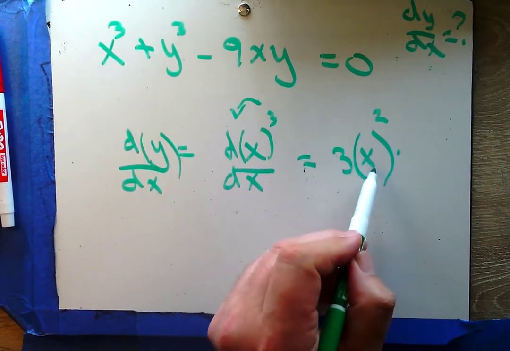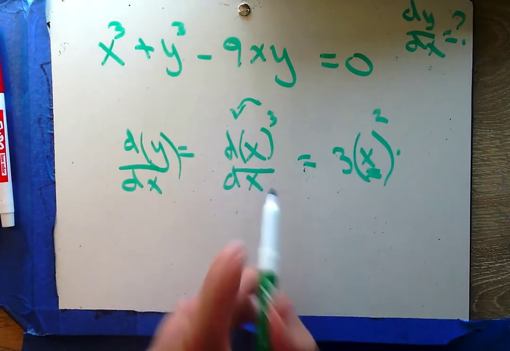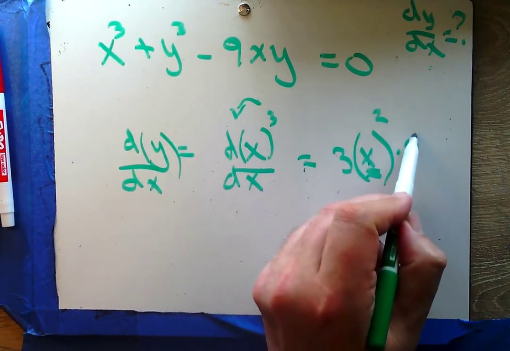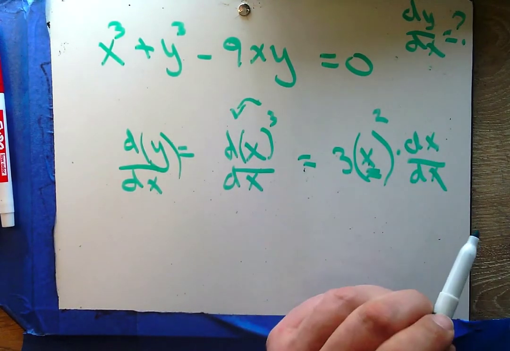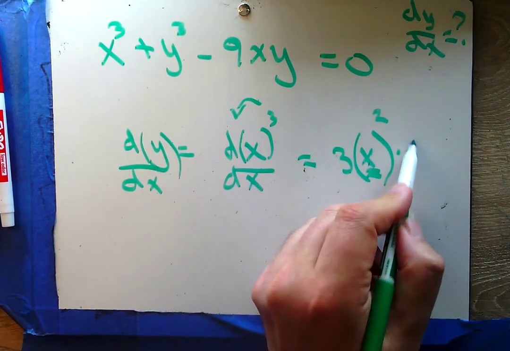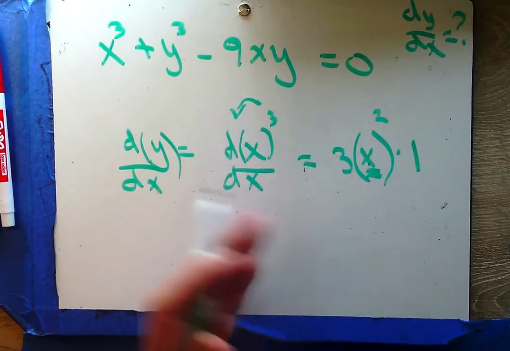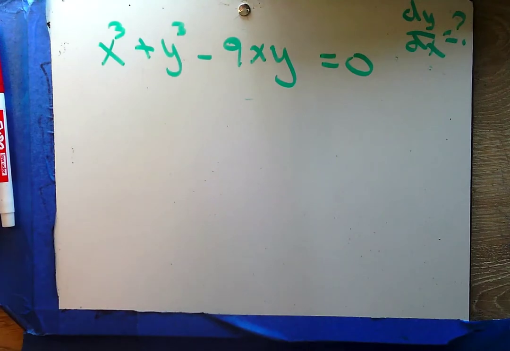But now, come back and take the derivative of the inside function with respect to x. The derivative of x with respect to x is just 1. So we've been doing this chain rule thing for quite a while now.